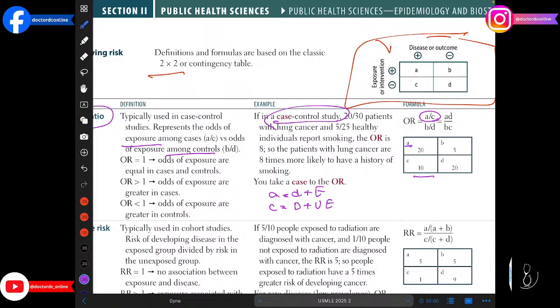In our second step here, we need to figure out the odds of developing the disease without an exposure. This can be written as B over D, where B is people with an exposure who are healthy, divided by D, which is the number of disease free, exposure free individuals.